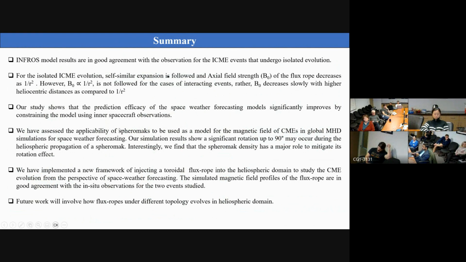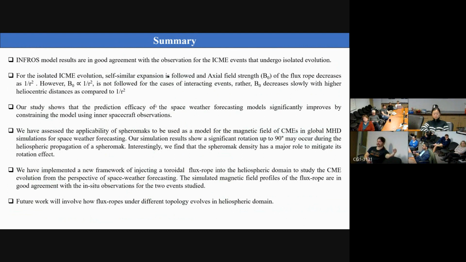We have also observed that if we have multi-spacecraft observations that are mostly radially aligned, then using the inner spacecraft observation we can tightly constrain our model parameters, so that we get very good predictions at the outer spacecraft.